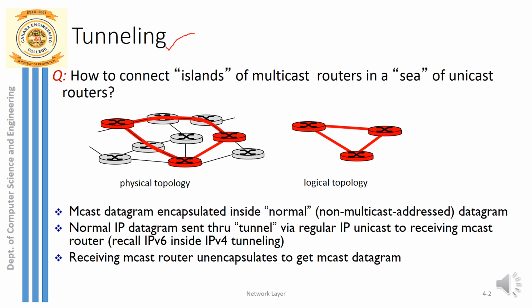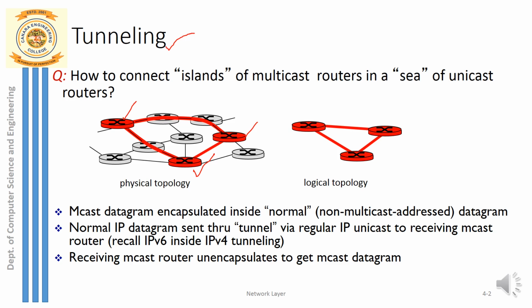Here you have the multicast group members. Just look at this example. I have the first router, second router and third router, which are marked in red. All three are multicast routers. The rest, the gray routers, are non-multicasting routers.